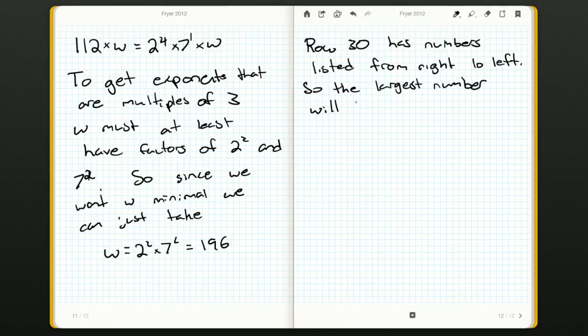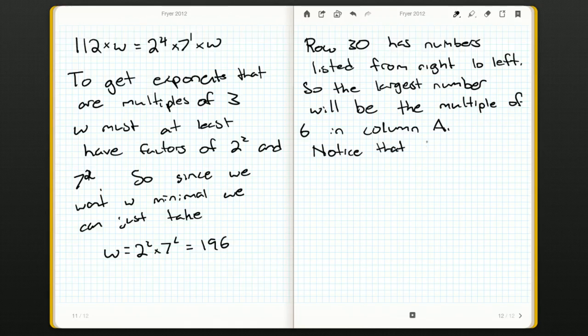So the largest number will be the one in column A, which will be a multiple of 6. So row 1 has the numbers 1 to 6. Row 2 has 7 to 12.